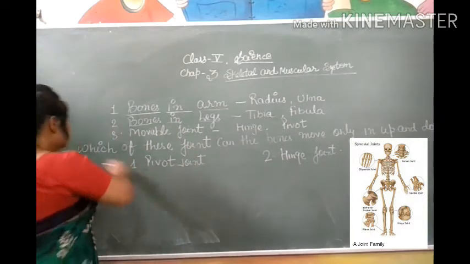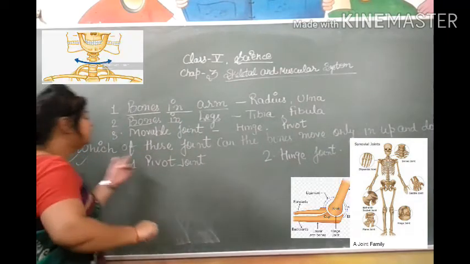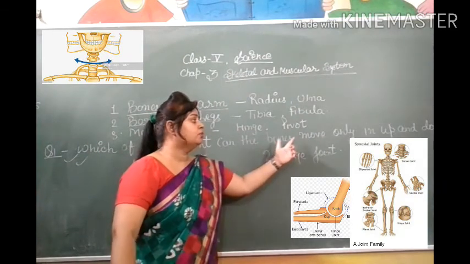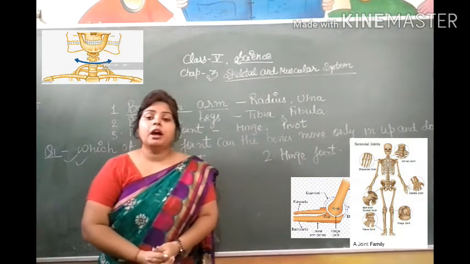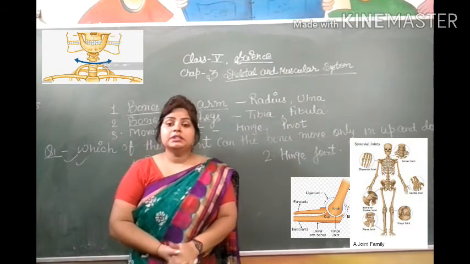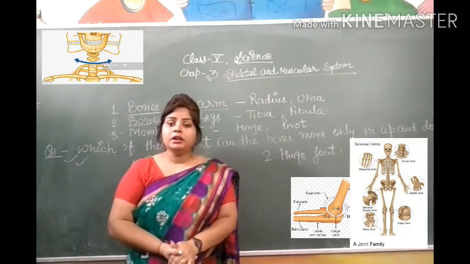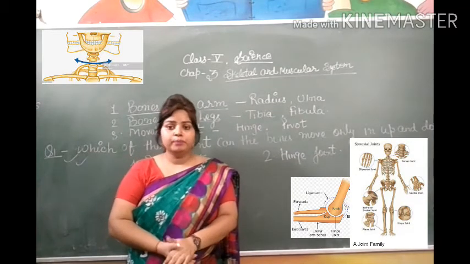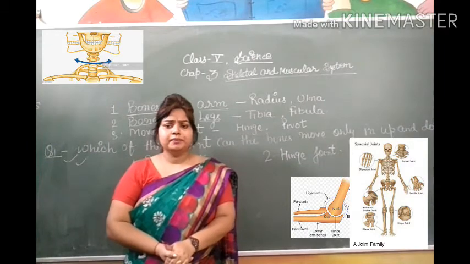Now next question is which of these joints can the bones move only up and down direction? I repeat the question. Which joint allows the bones to move up and down? Answer is hinge joint.